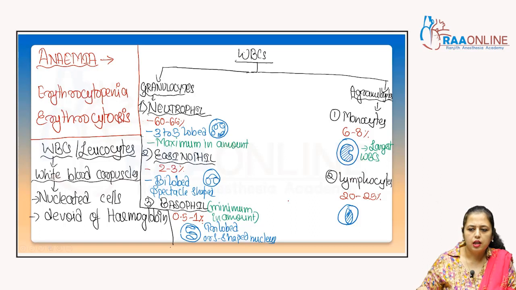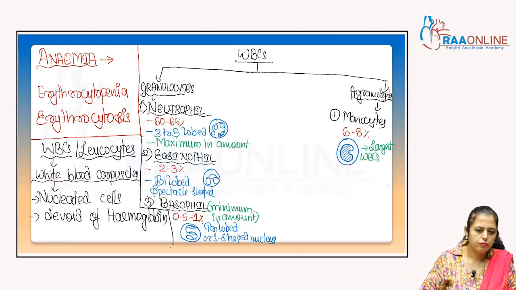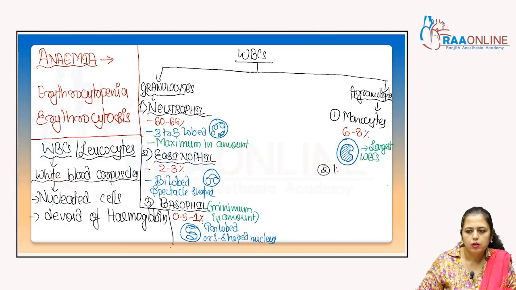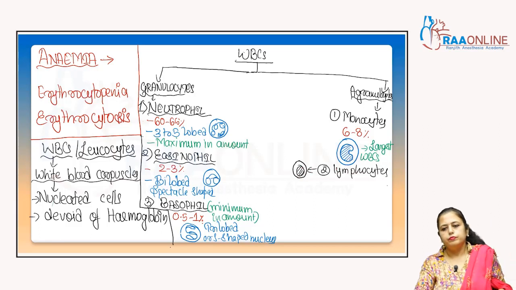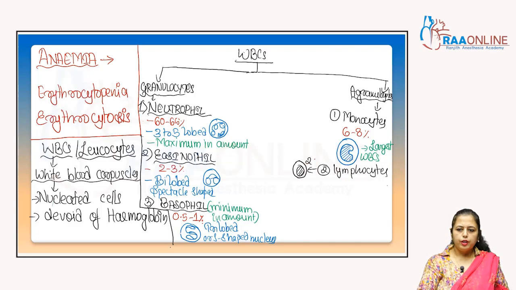Monocytes are the largest WBCs. Clear? 20 to 25% lymphocytes.